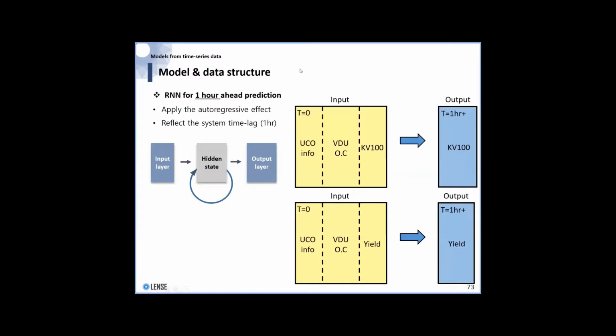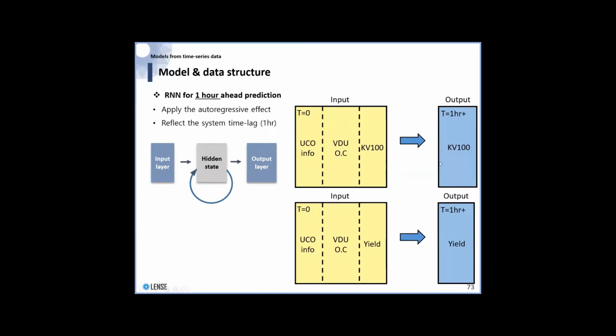The idea is that you have measurements from the input unconverted oil, as well as the VDU operating condition, so that's the process operating variables, as well as the past analyzer readings.